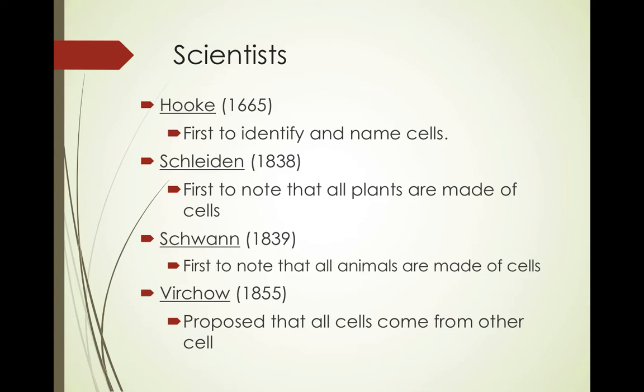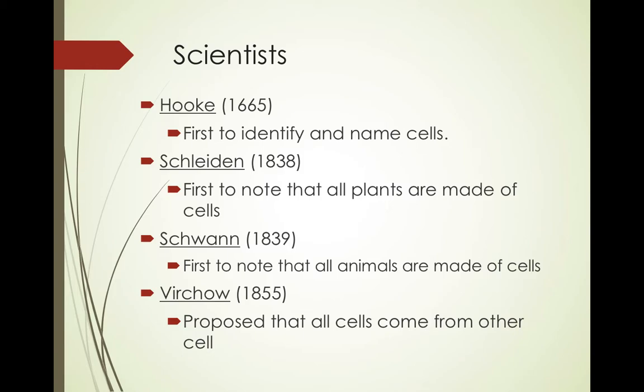Because their names are similar, how I like to distinguish them, and I kind of came up with this last year: if we dropped off that CH off of Schwann, it would just say swan, and swan is an animal. So that might be a little idiom to help you remember that Schwann noted that all animals were made up of cells.